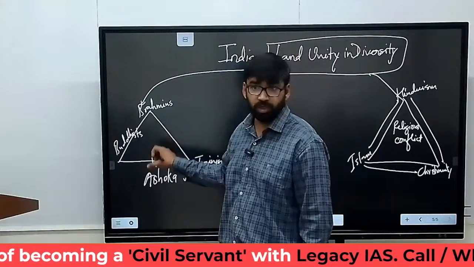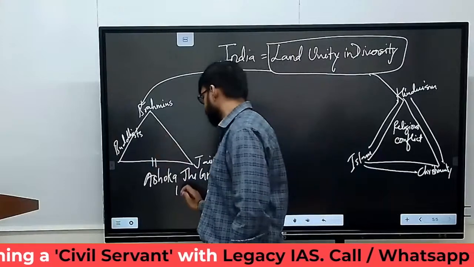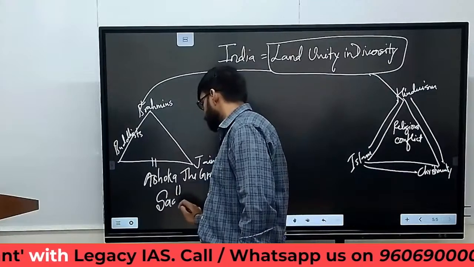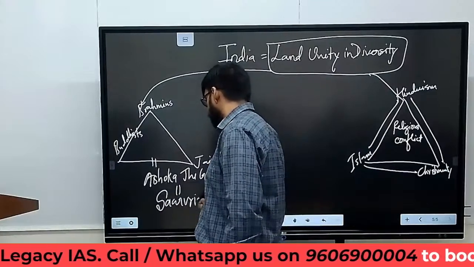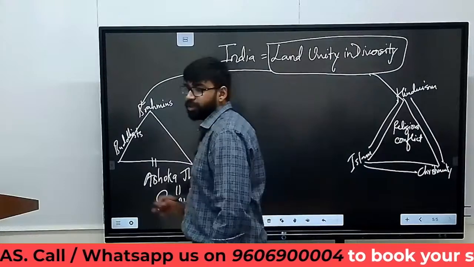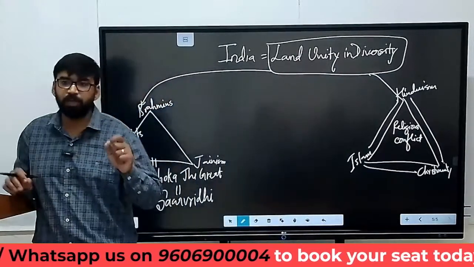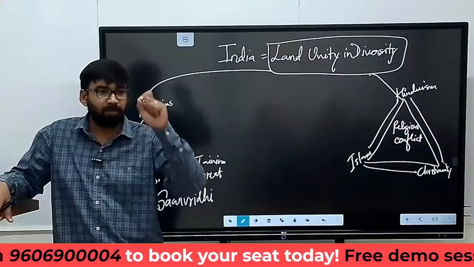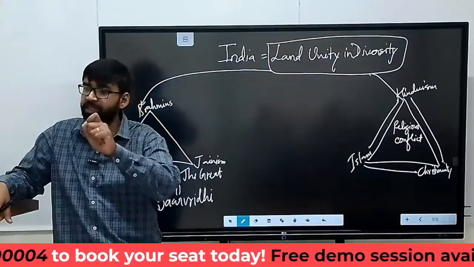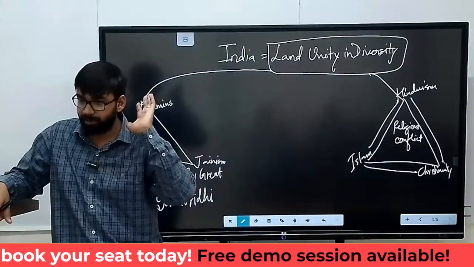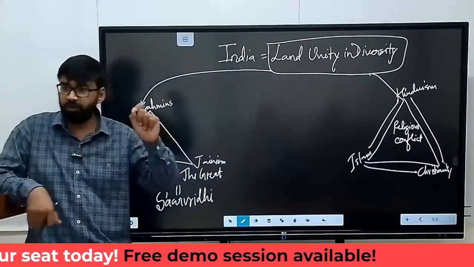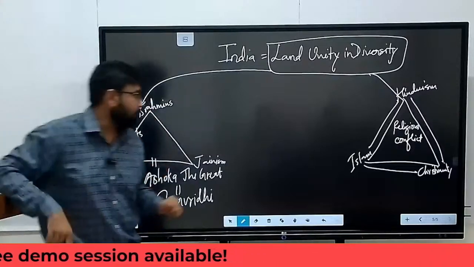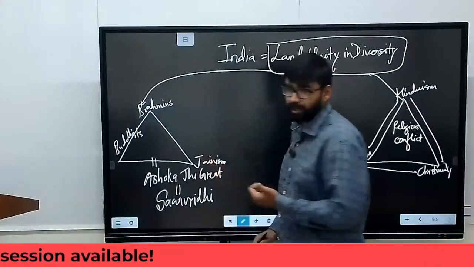He was the first ruler who understood this diversity and gave the concept of Sarva Dharma Sambhava. It means that each and every person should know the basic philosophy of religion, and the basic philosophy of every religion is the same. Clear? That is why he is called Ashoka the Great.